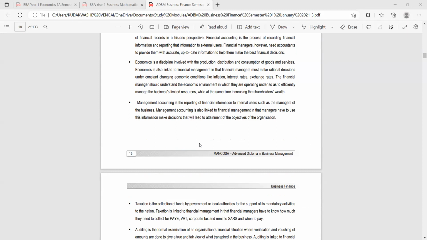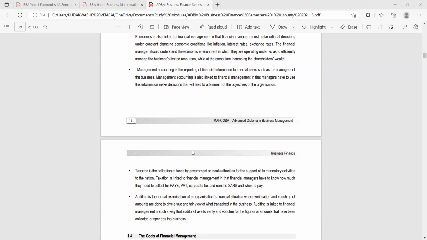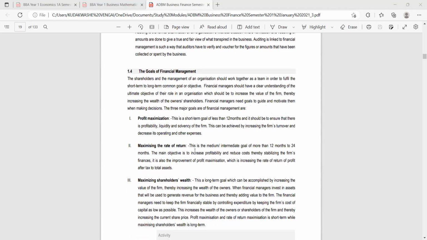They also feed information for financial management. Then taxation, I think is straightforward. Here you are now looking at how government taxes affect your particular business in terms of your finances. That's also part of financial management. Then auditing is you're now looking at once the business has operated, did we adhere to the financial controls that we put within that particular business.